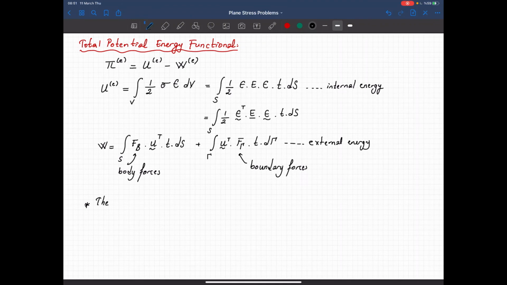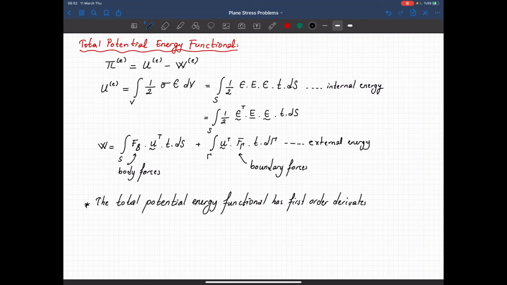The total potential energy functional has first order derivatives of u. So in other words, this means that the degree of the total potential energy functional is equal to 1. It has only the first order derivatives of u.